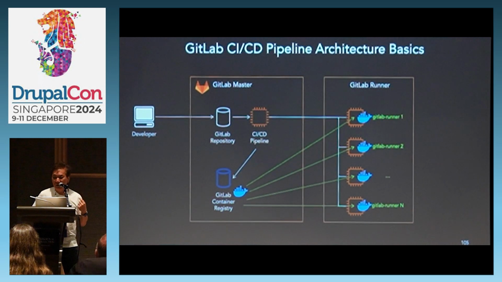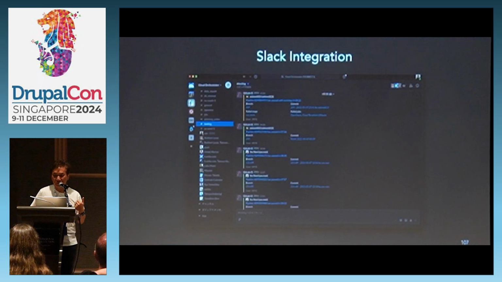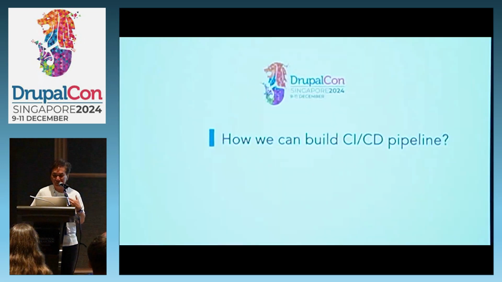And then it deploys the container to each runner, then starts the tests in parallel. So here is our actual deployment diagram using Amazon EC2 for GitLab Runners. Also, test results are notified to our Slack channel.